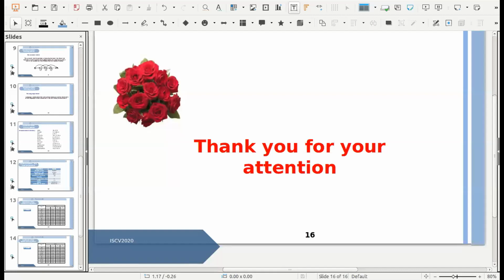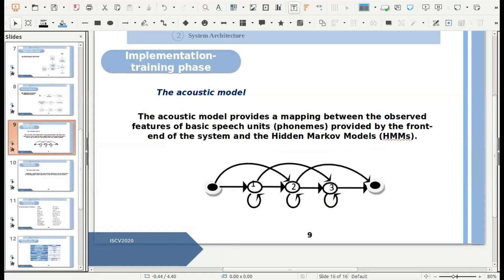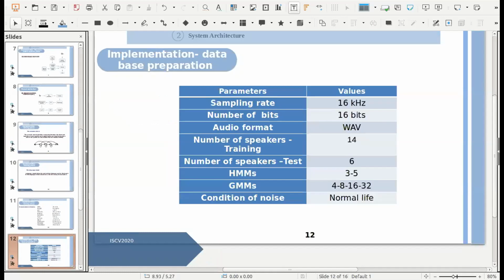About your HMM model, you don't talk about the number of states of your model. How many states are you using in this model? I use three states and five states. Why this choice?